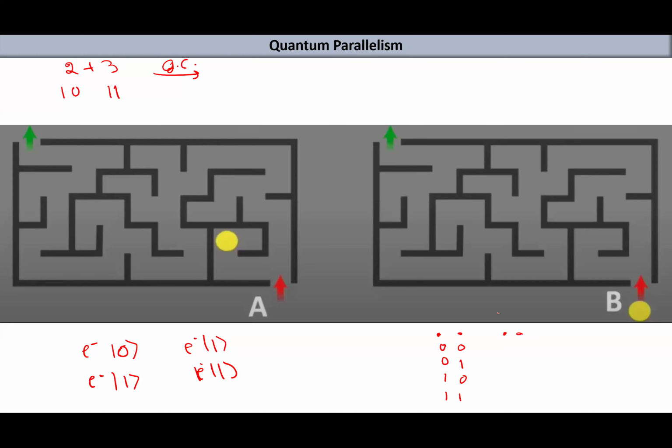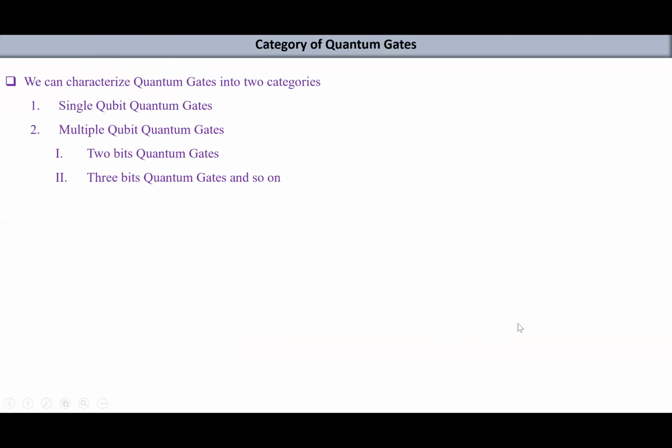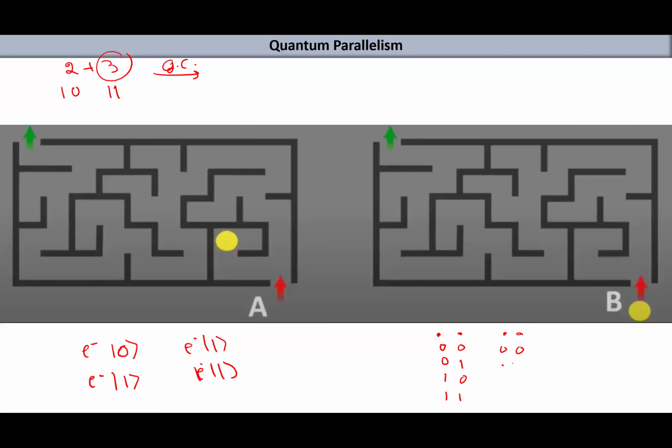And another possibility for the second also: 0, 0, 0, 1, 1, 0, and 1, 1. So you can see that this number is 0, this number is 1, this number is 2, this number is 3, correct?